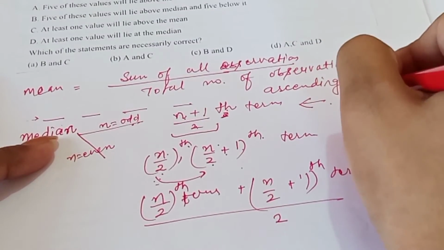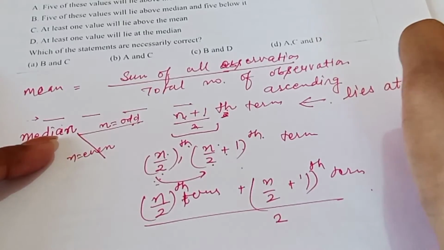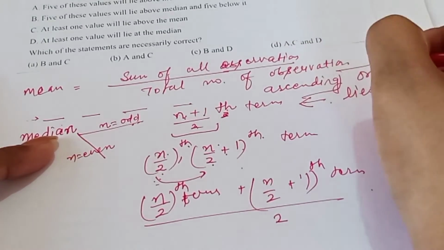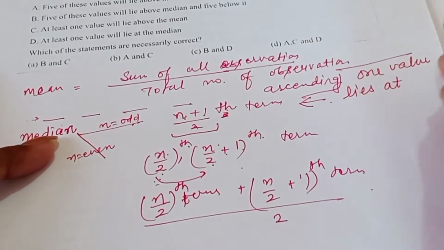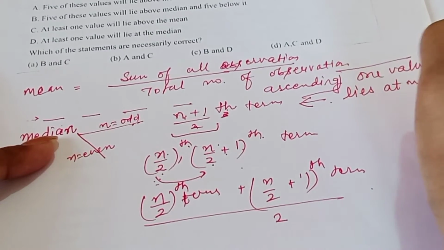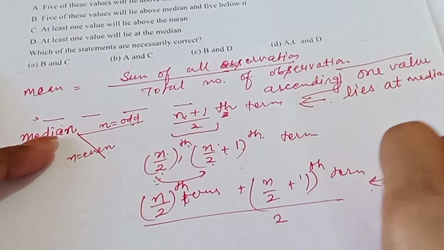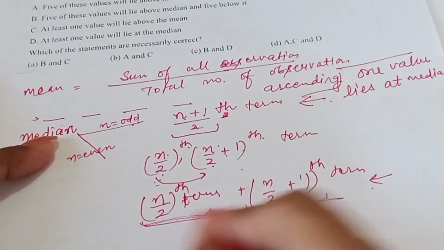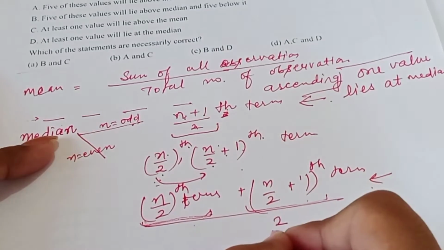In the even case, these values are not the median; the average of these two values is the median.